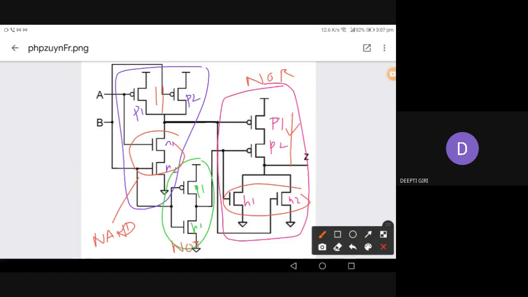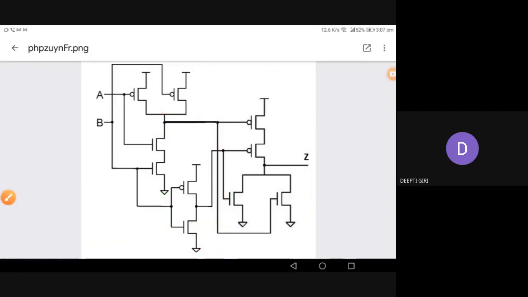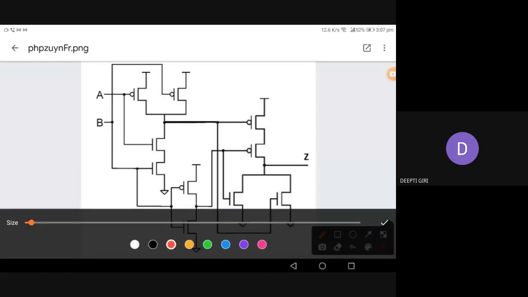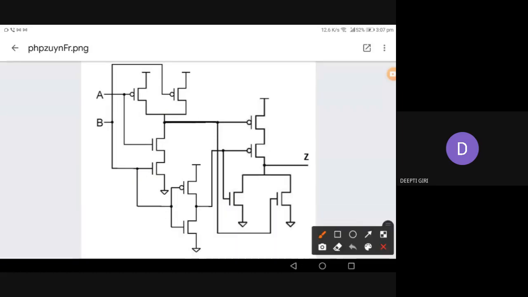So we can easily understand what all these circuits indicate in a top level view, instead of going into transistor level understanding, right? So how do we analyze this? Initially we see that the output of this NAND gate will be (A into B) whole bar.